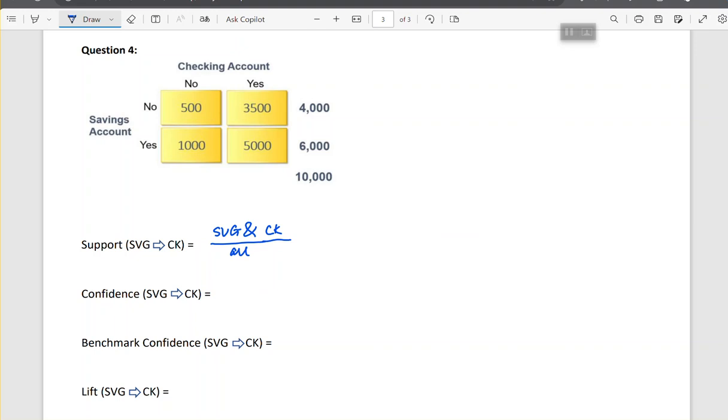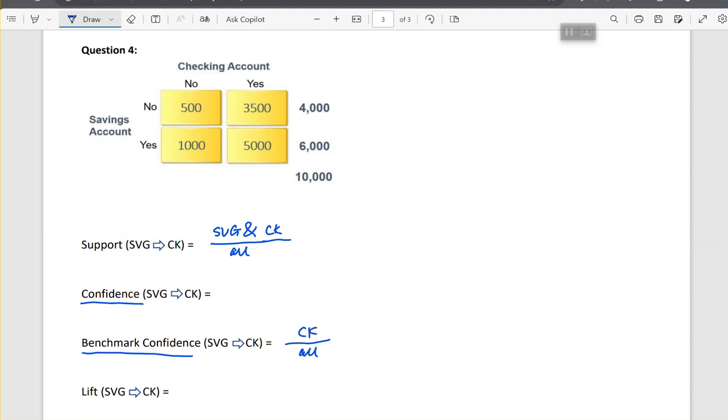When you try to find the confidence and benchmark confidence, be careful about the formula. Especially for the benchmark confidence, we ask out of all the transactions, how many of them include B, which is the checking account?